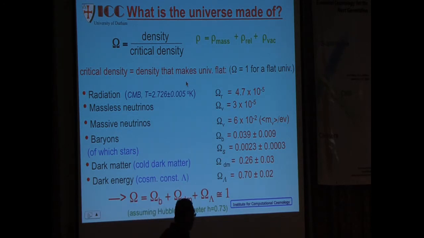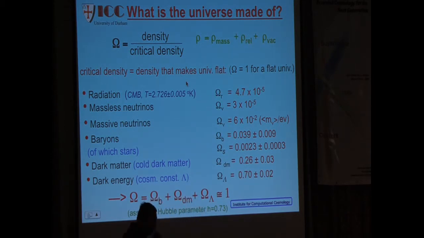In particular, it contains, of course, radiation. The radiation makes a very small contribution to the total mass energy budget of the universe. Here, all these are given in terms of omega, which is defined as the density in units of the critical density. And the density here includes non-relativistic mass, a relativistic component, and a vacuum energy.